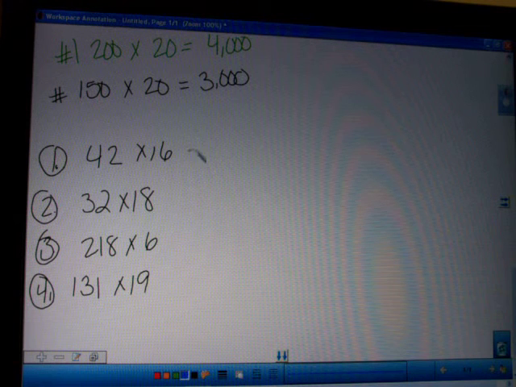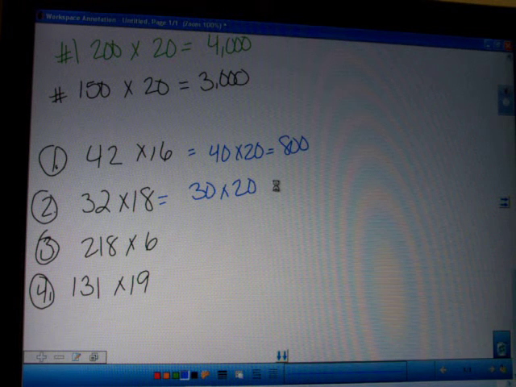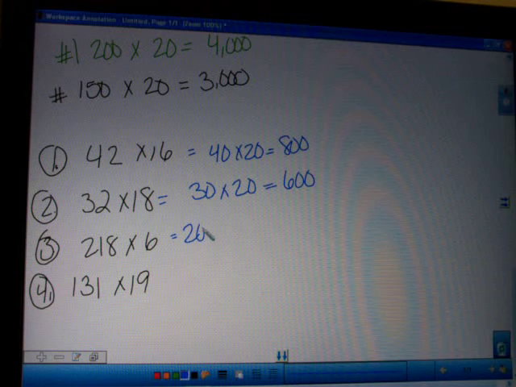So when I look at this, I'm going to do 40 times 20, and that gives me an answer of 800. For this one, I'm going to do 30 times 20, and that will give me an answer of 600. Here I'm going to do 200 times 6, and that's going to give me 1,200.